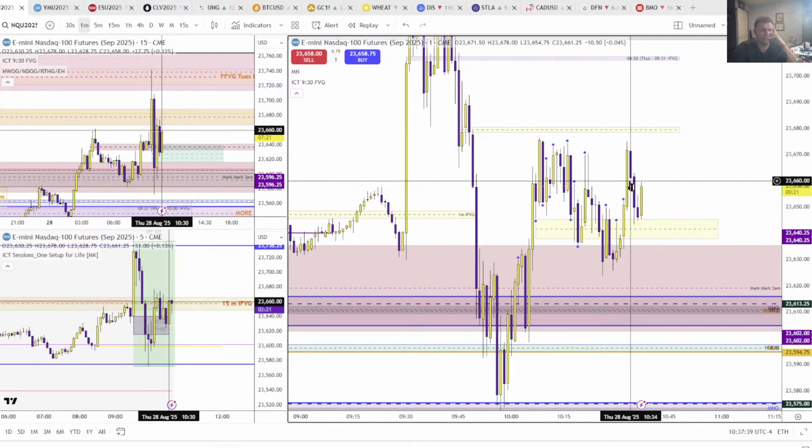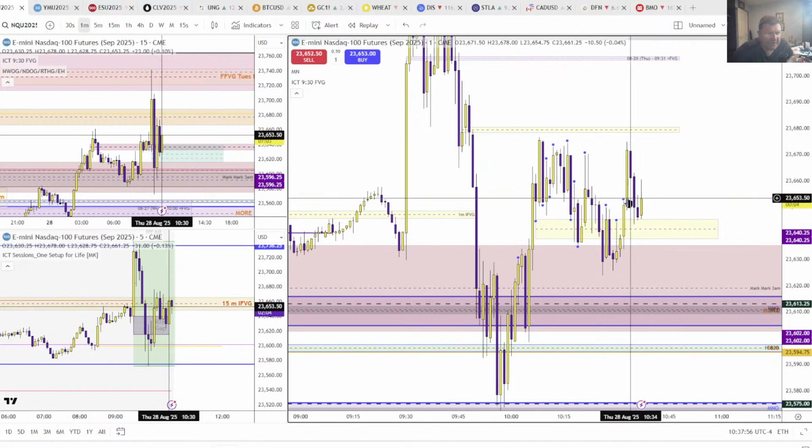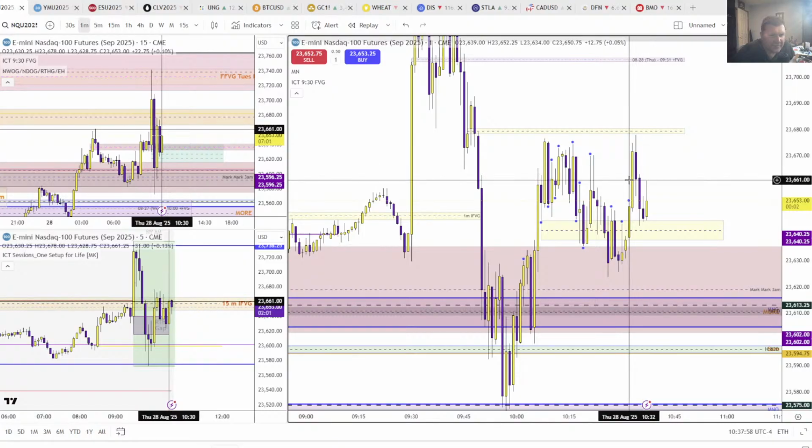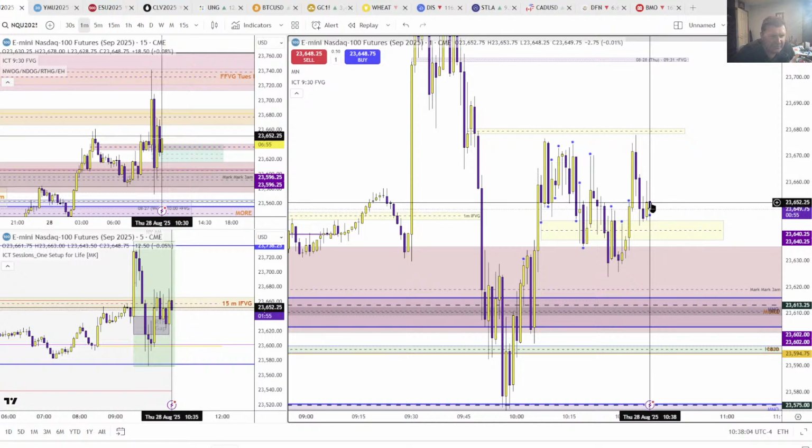So looking at this mean threshold right here, does this hold price? You expect that mean threshold to hold price unless we close back below here. And you see how we closed right on it?